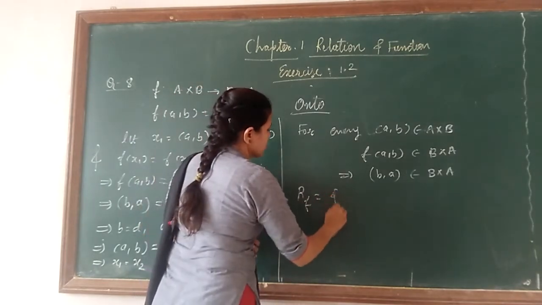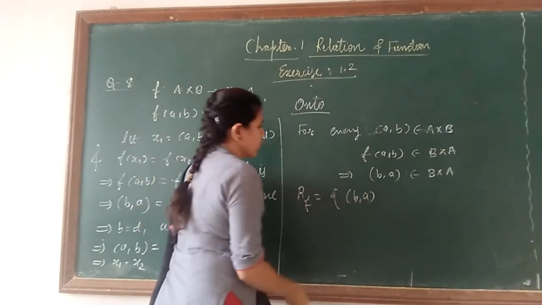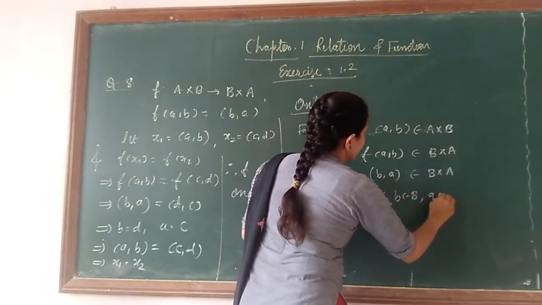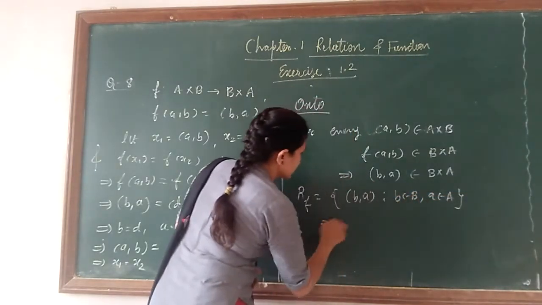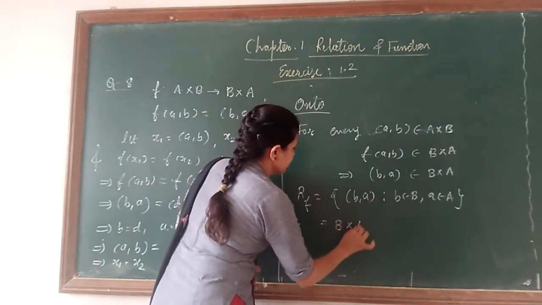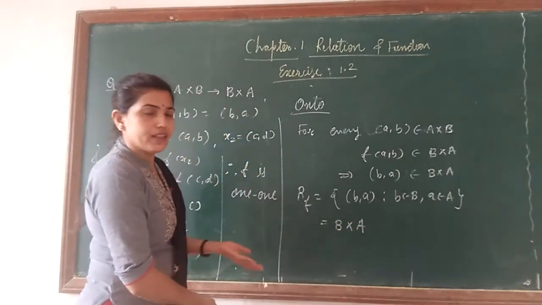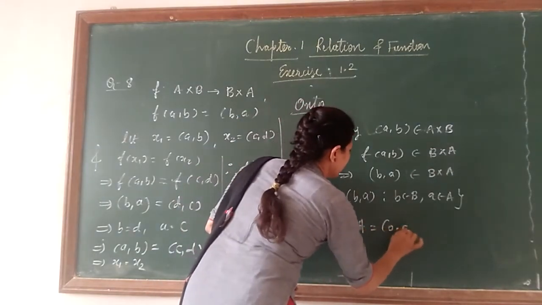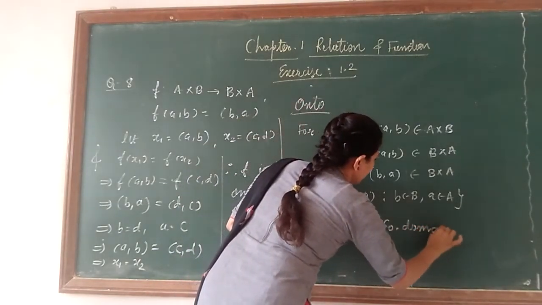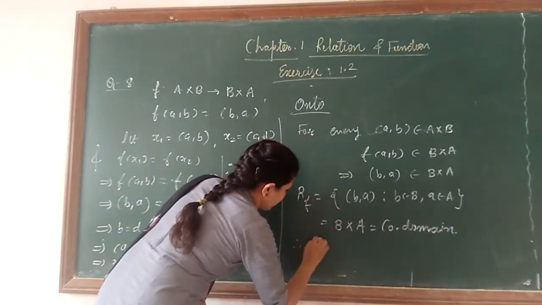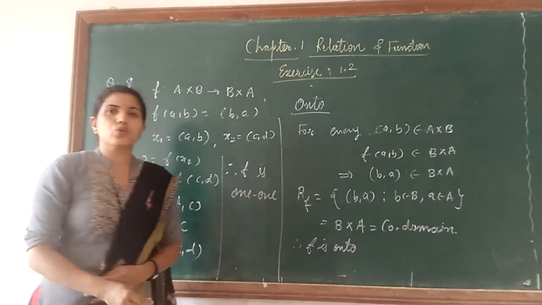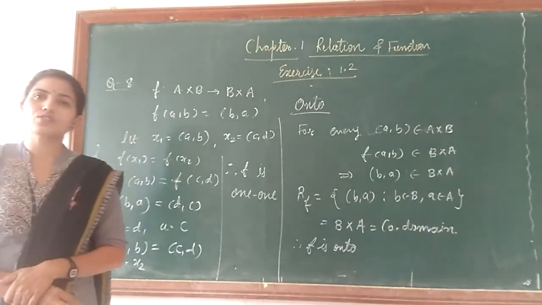The range of the function is all the ordered pairs (B, A), where B belongs to B and A belongs to A. But what is this? This is the set B cross A, and this is our codomain. And therefore F is onto. So with this, the proof of the ontoness is also done.